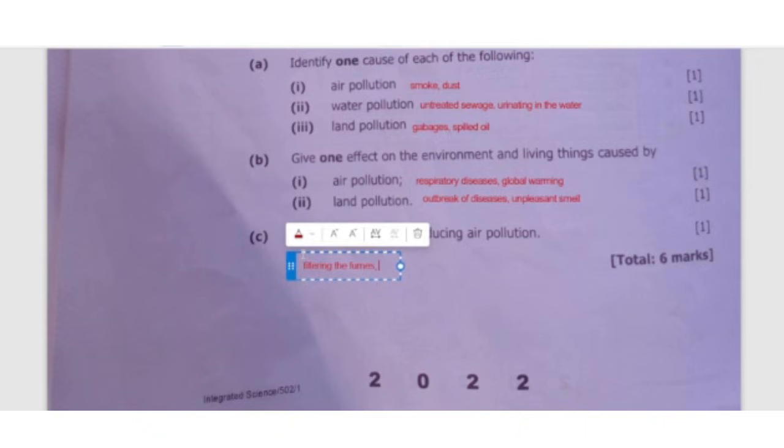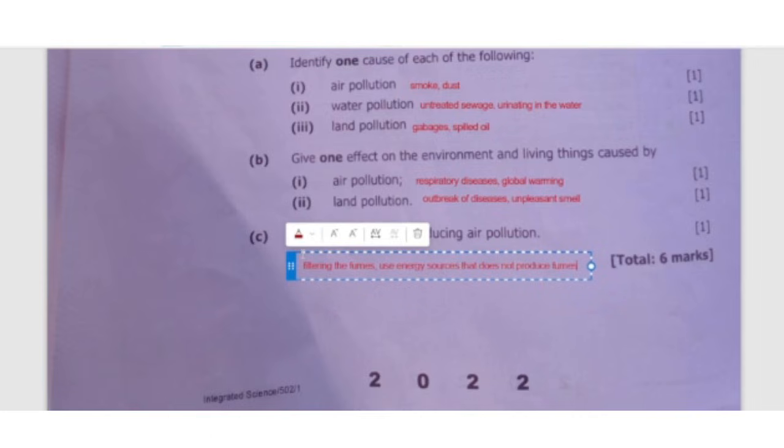And the other one is you reduce the use of energy sources that produce fumes, or let me say, use energy sources that do not produce fumes.